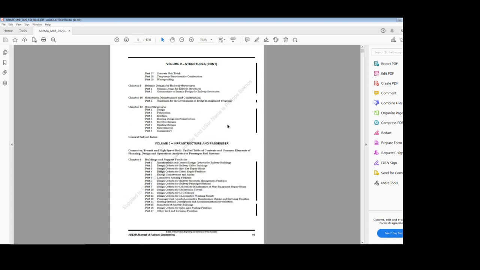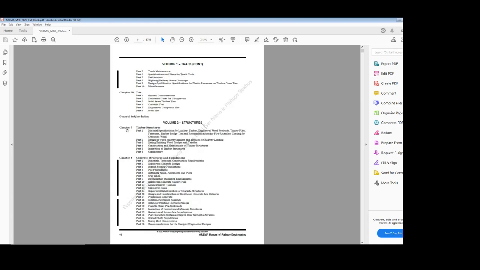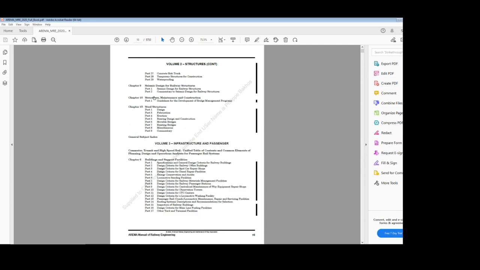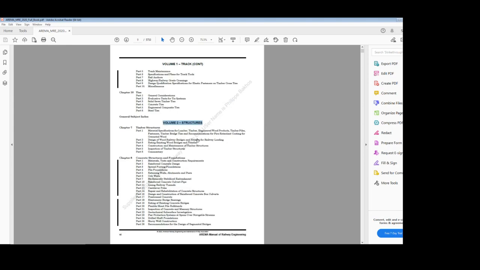Each volume consists of many chapters. The structures volume consists of timber structures, concrete structures and foundations, steel structures, seismic design of railway structures, and structure maintenance and construction. For Tanzania Lot 6, the concrete chapter is very important for us because we generally deal with concrete structures only.